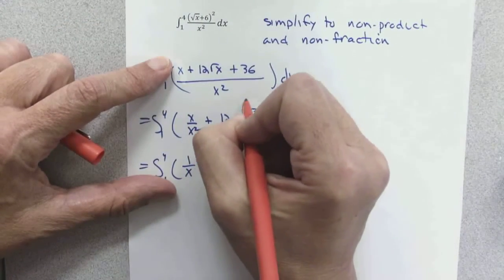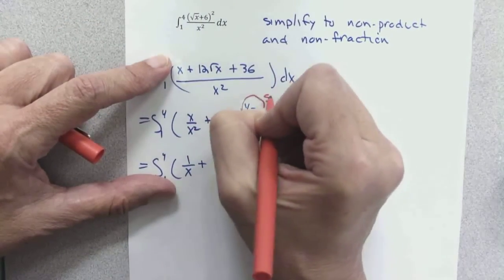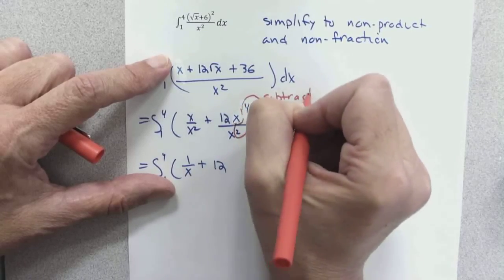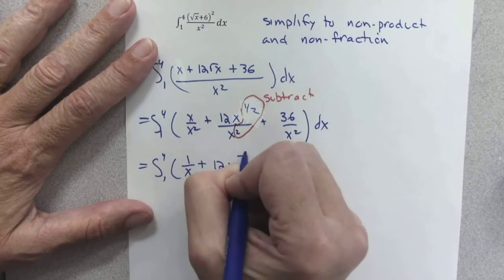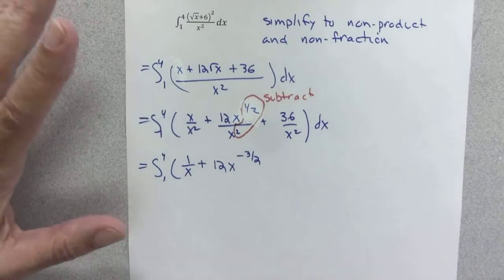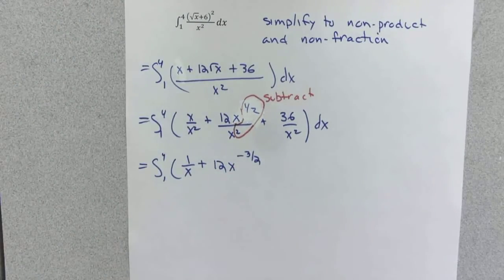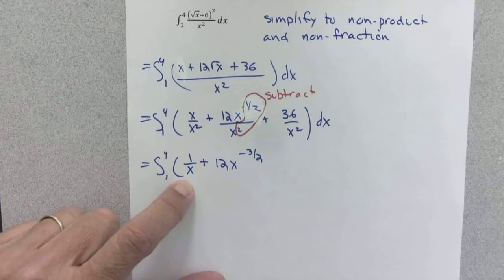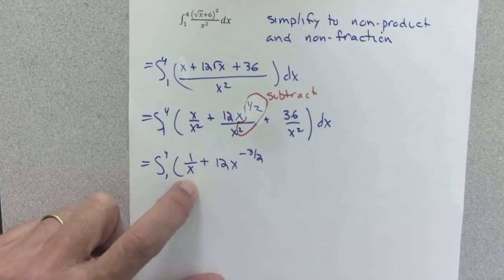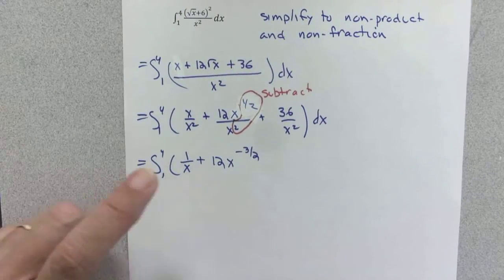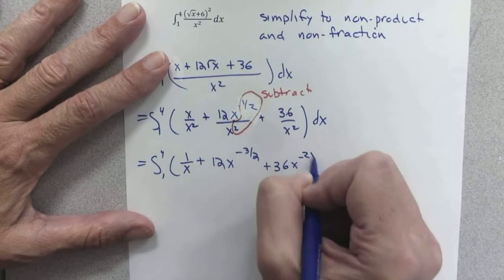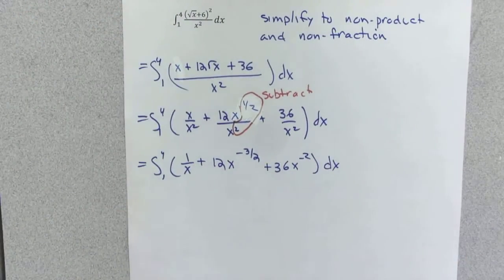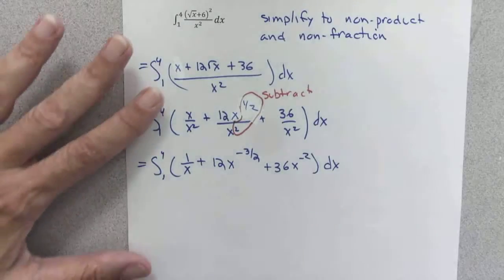I'm going to take my exponents and I'm going to subtract them, and so that's going to be x to the -3/2, because exponents are easy to work with in calculus, most exponents. Didn't do that with this guy because that's the one fraction we like to keep the way it is. And then that's 36x to the -2 dx. And now it's ready to integrate.